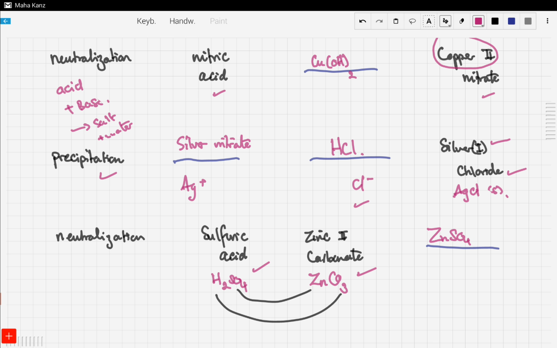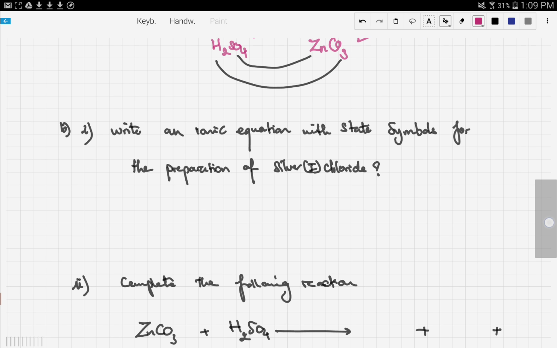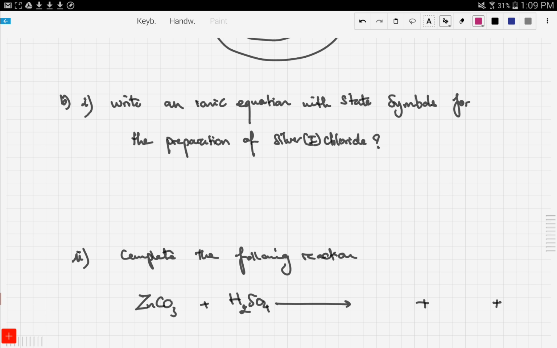Now let's move on. He asks you to write a net ionic equation with state symbols for the preparation of silver chloride. So the net ionic equation, we have in the product AgCl, salt. So the net ionic will be Ag+ aqueous plus Cl- aqueous, and voila, you have your net ionic equation.